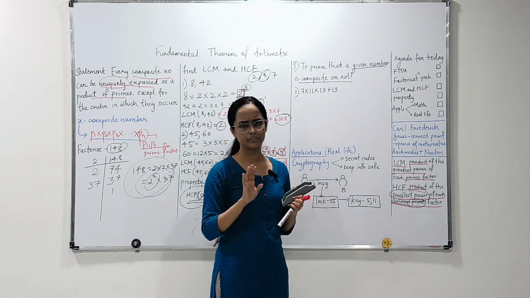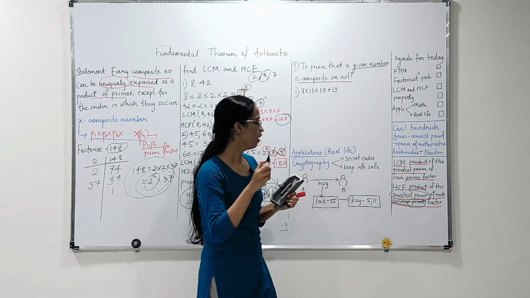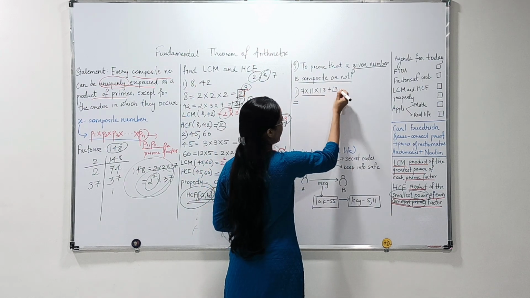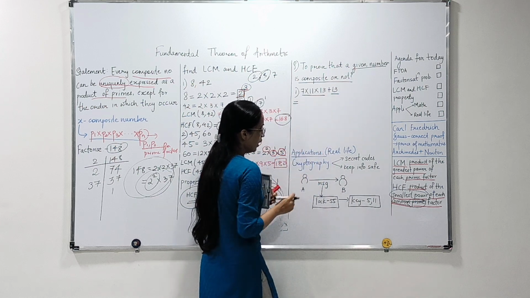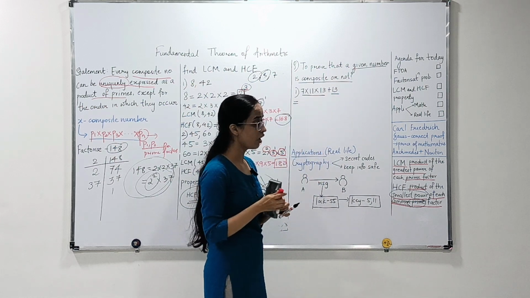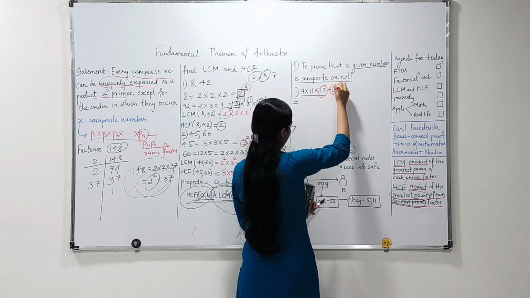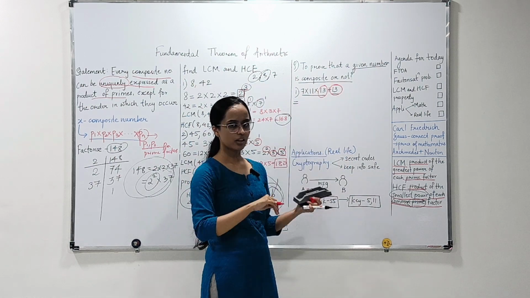So we are just going to use basic math steps. This is one term and this is the second term. Both these terms have one number in common, and that is the number 13. So we are going to take it common.